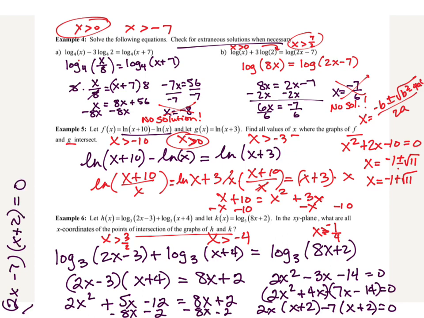So yeah, that's the one that works. So x equals 7 halves and x equals negative 2. And we're throwing out what? Negative 2. Because x has got to be greater than 3 halves.